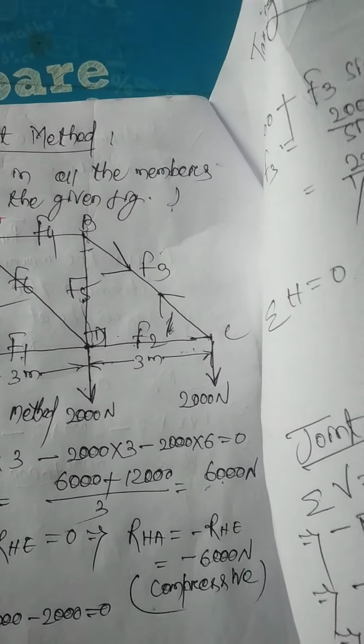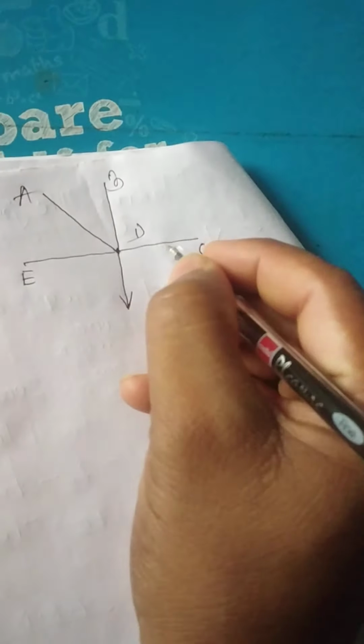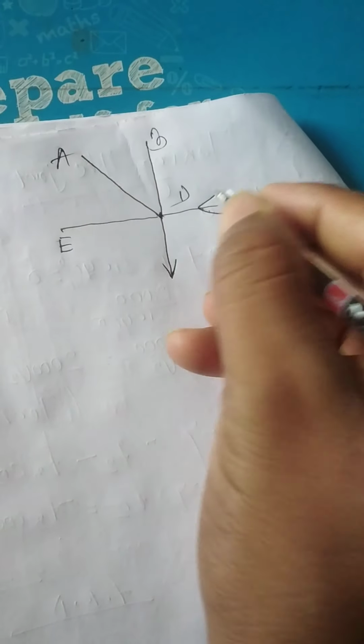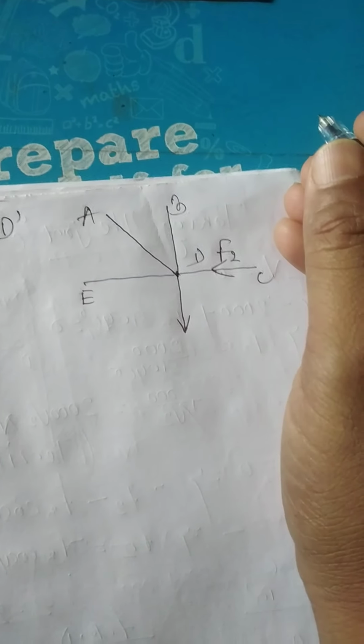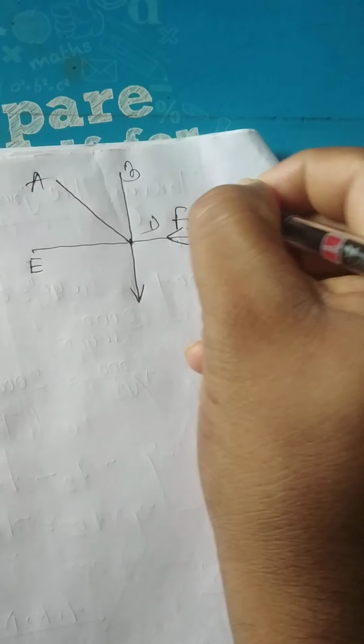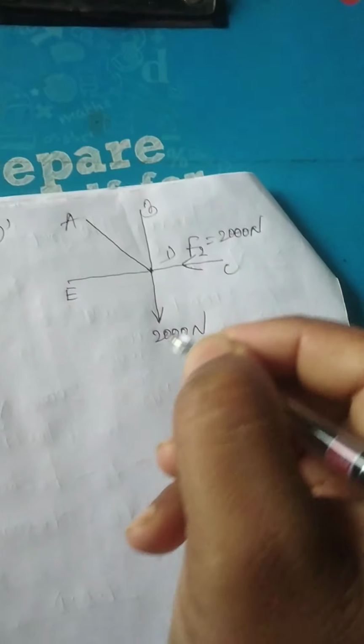Okay, now see what I will do. F2 is equal to what is the value? F2 is compressive. So what is the direction I have to take? F2 is compressive, so I must write F2 is equal to 2000 Newton. Then here it is downward, so 2000 Newton.